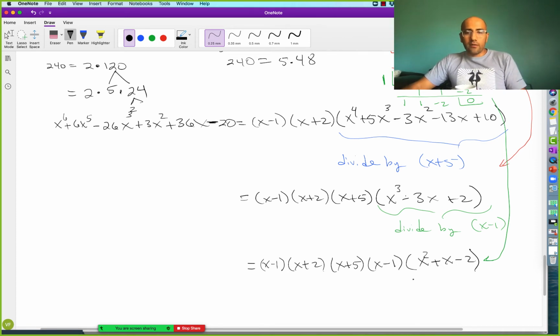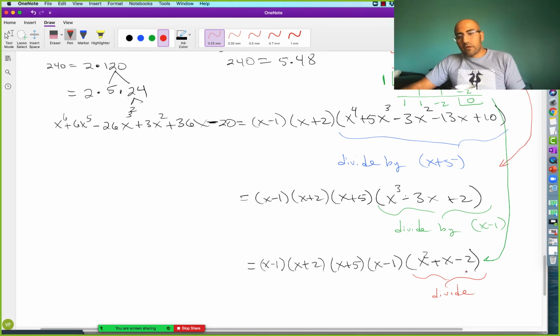We could keep going and repeat the process if you forget. And again, we want to keep going with dividing things, right? So now let's try dividing by one of these guys. Maybe x minus 1 appears again. Maybe x plus 2. Maybe x plus 5. Keep dividing them. If you divide it by all three and none of them work, that means that you've gotten to a point where it no longer factors nicely.